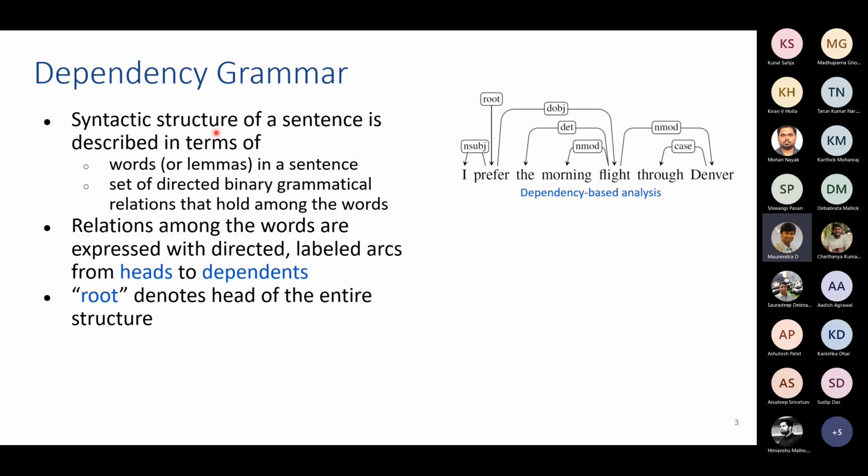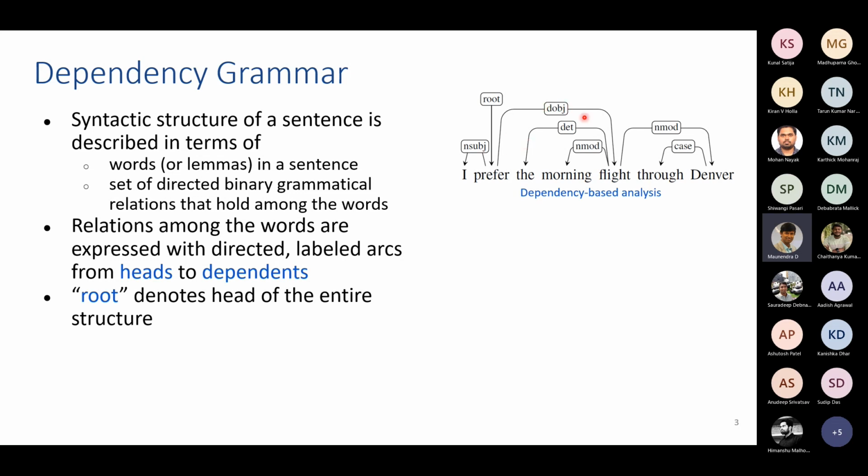So this is definitely a structure of the sentence, and here we have the words in a sentence and a set of directed binary grammatical relations. So these are all directed relations, and when we say binary, each edge actually has a label. Now, if you look at a given label between a pair of nodes, that label either exists or does not exist.